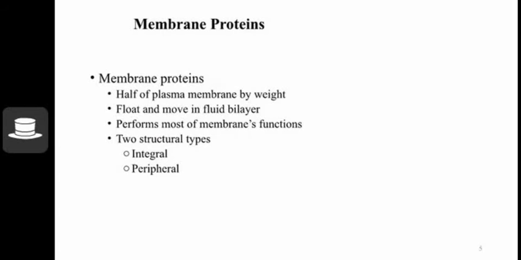Those proteins are about half the plasma membrane by weight, so we have a lot of them in every plasma membrane. They float and they move around kind of like big old fat islands in the ocean, and they perform most of the functions of the cell membrane. They allow for transport. As I mentioned, there's the integral and the peripheral proteins.